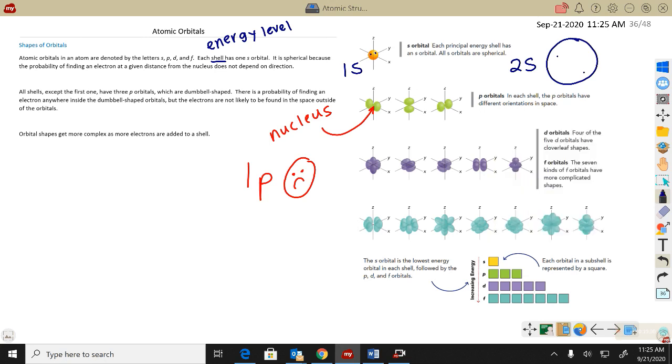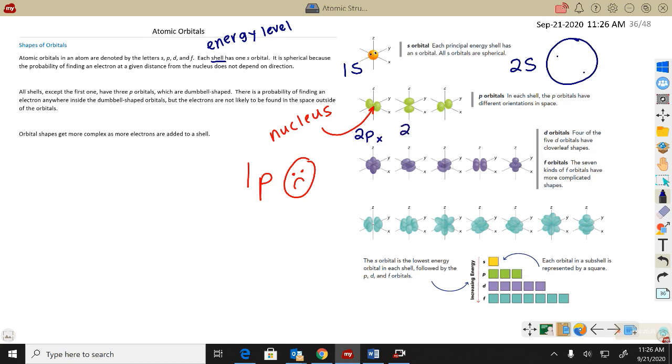So let's say these are like the 2p orbitals. So we say 2, meaning it's in the second energy level. P, showing us this dumbbell shape. And then sometimes you might see like an X, Y, Z, just showing the axes that the orbital is on. So this might be like the 2p on the x-axis.